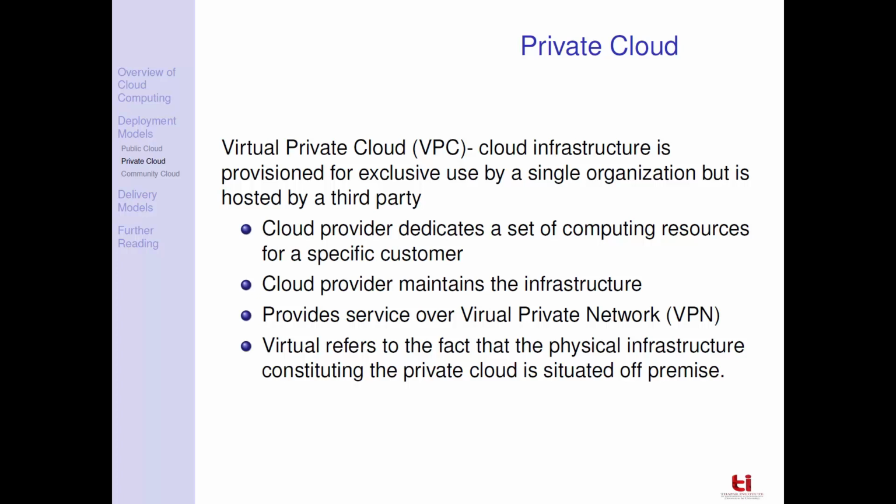That means the data centers and the servers will be located off premises. In a physical private cloud, they were located on premises within the user's intranet, but in a virtual private cloud, they are hosted by a third party, that is, they are located off premises.